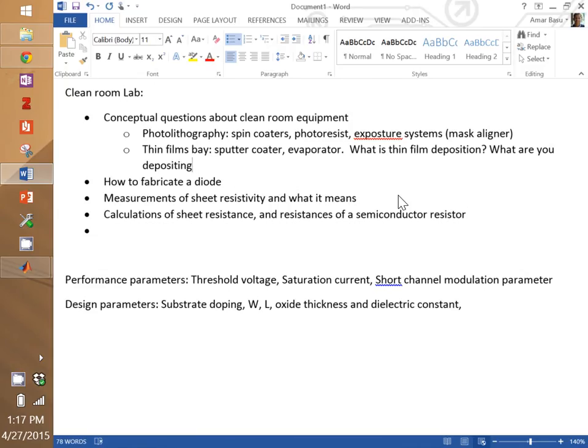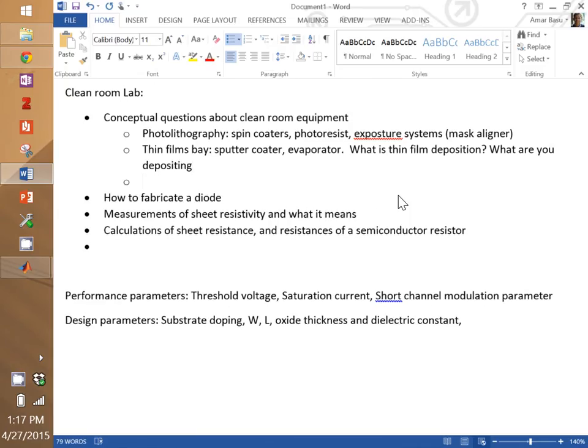Let's see. Moving on to the furnaces. What are the furnaces used for? You know that diffusion is one of them. What else is a furnace used for? Diffusion was the most important thing, and diffusion is for doping the semiconductor.